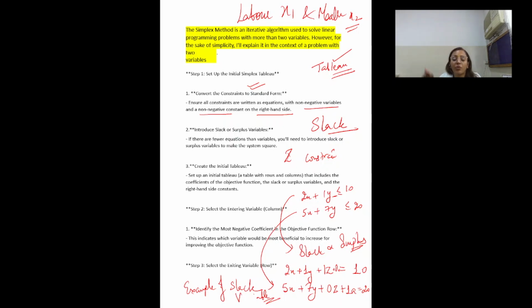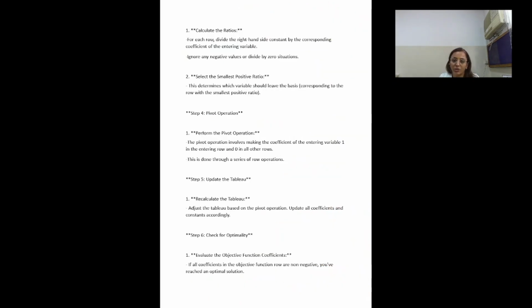Now I have to find out which of z and a is to be chosen. So you have to find the variable which is more beneficial and which you want to increase for improving your objective function. So you have to select the existing variable that you want to replace with the new variable that increases your objective.